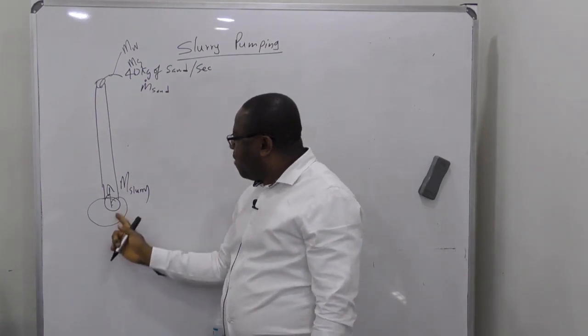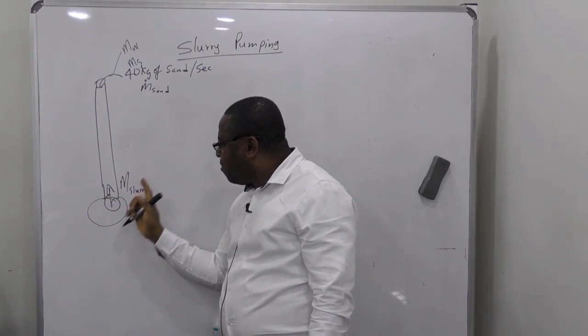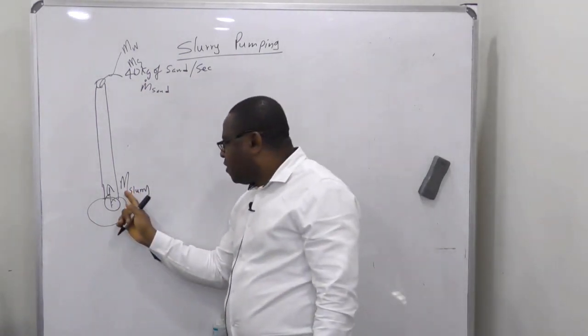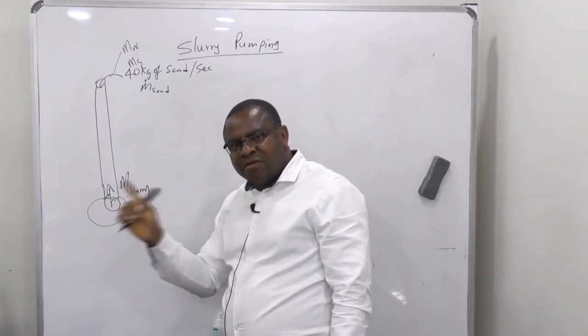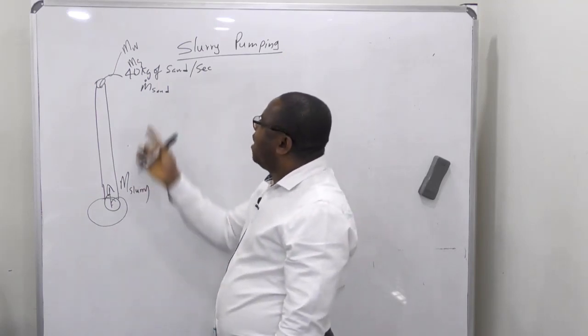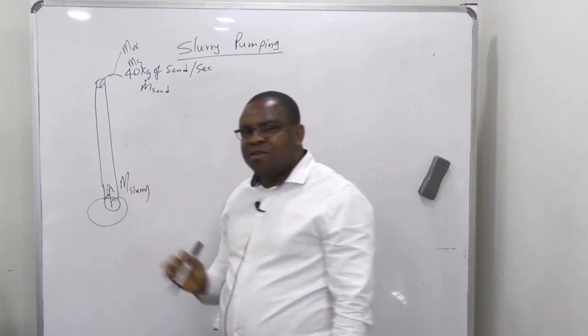For me to know that amount of power, I need to know the mass of the slurry. I know mass of slurry is mass of water plus mass of sand. So I must know the mass of water, so I can add it to this mass of sand and get the mass of slurry.